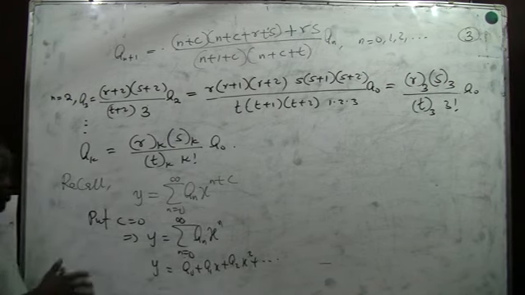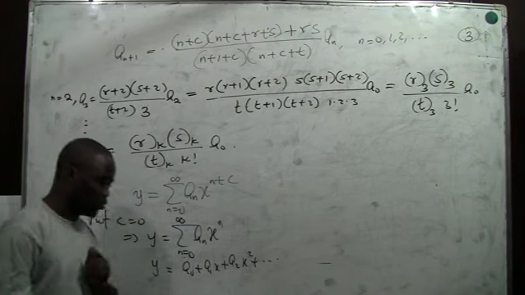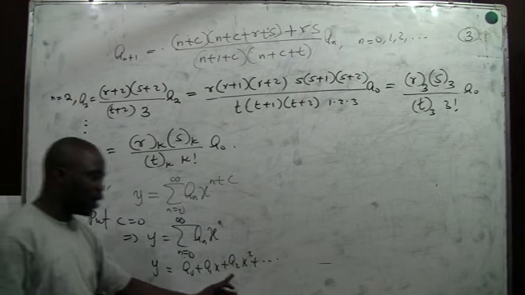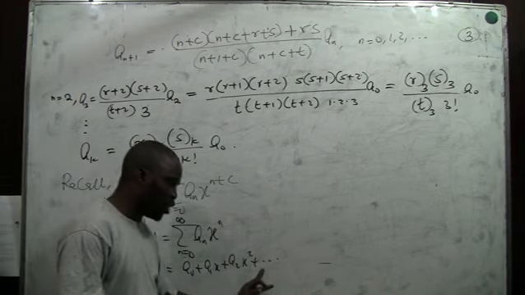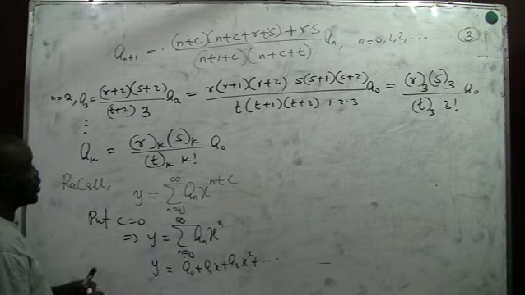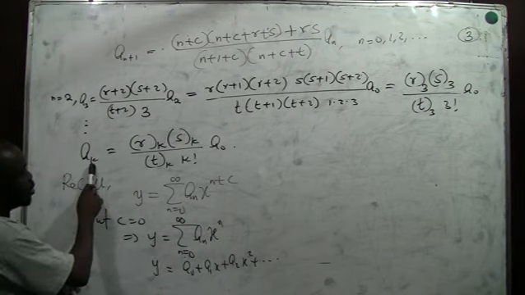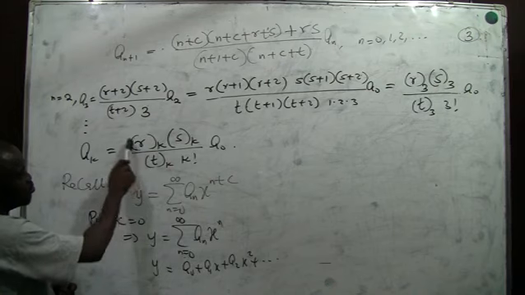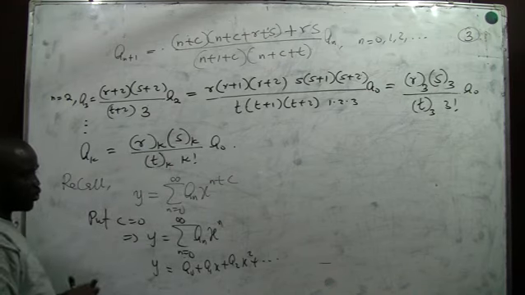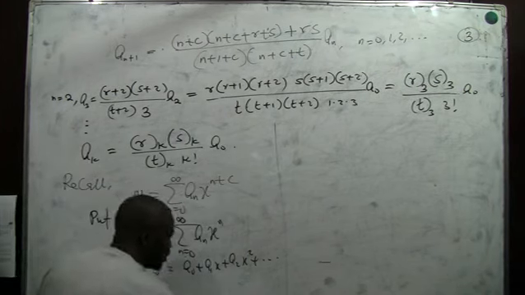We will observe from the result that we obtain that a0 is an arbitrary value. It has no fixed value. a1 has a value, a2 has a value, a3, a4, and so on, they have values, and their general representation is r_k s_k divided by t_k k factorial a0. So what am I trying to say in essence?